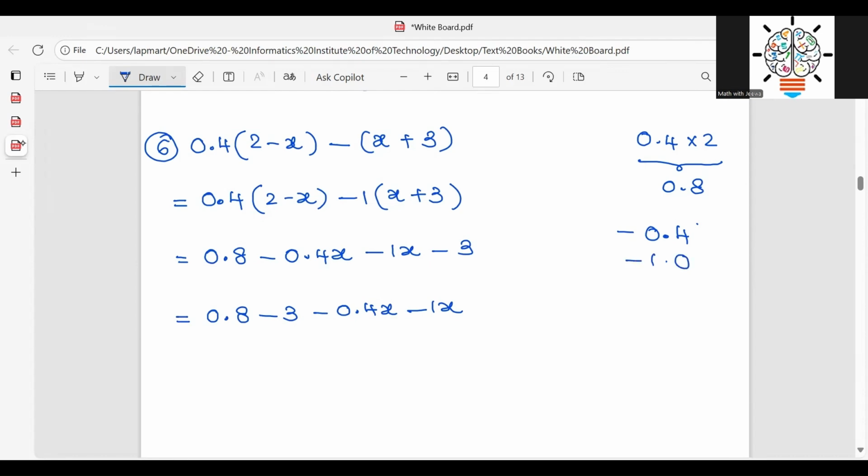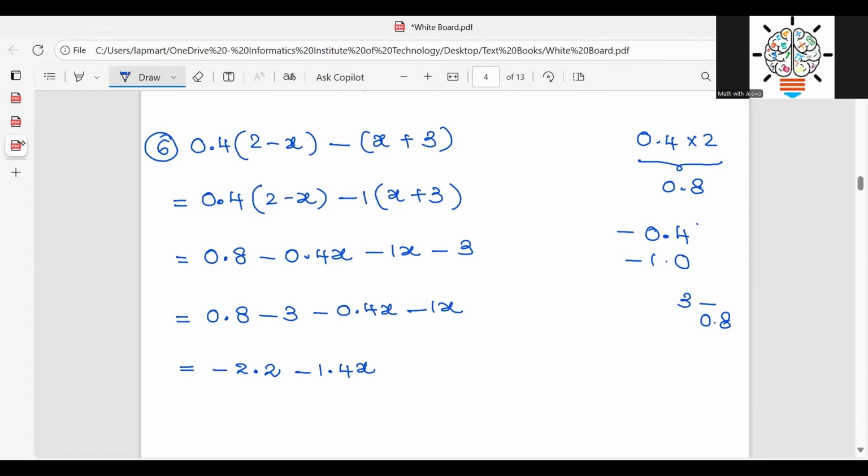What we need to do? We need to add them together. And here 0.8 and 3, we want to deduct 0.8 from 3, right? When you deduct 0.8 from 3, what will be the answer? It gives me 2.2, but it should be negative 2.2 because 3 is a negative value. And here we want to add this negative 1.4x.